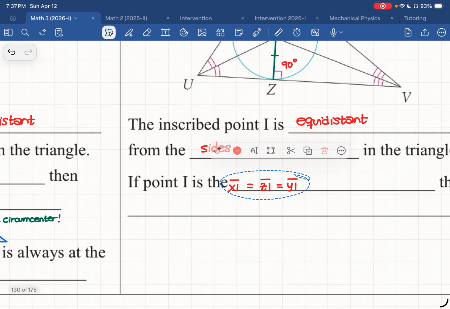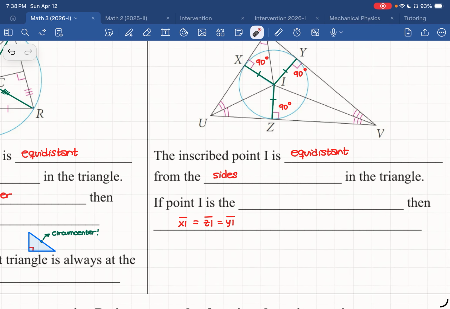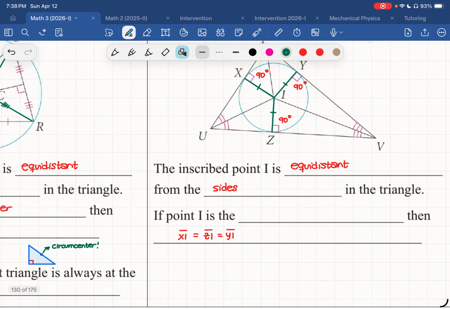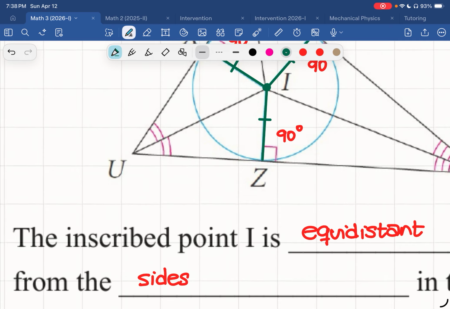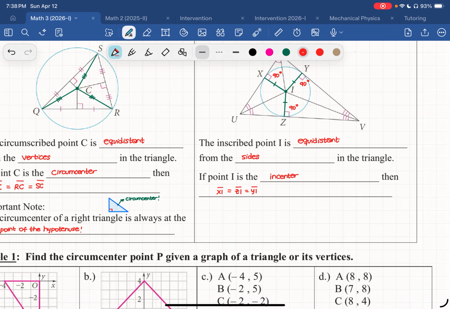Sorry guys, I put this in the wrong line. So this goes here. In this case, they were saying, sorry, my bad, this point over here is called the in-center. My bad, I put it in the wrong spot. But you get the point, right?